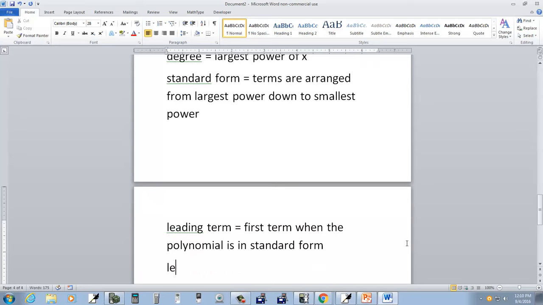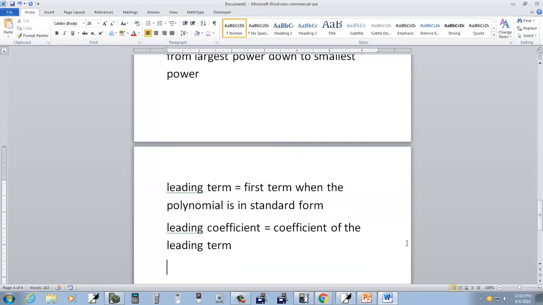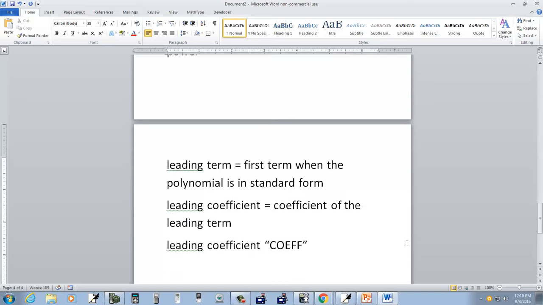And then we have something called leading coefficient, which is the coefficient of the leading term. I'm going to just refer to that as coefficient. And we have our degree. Remember, your degree is your largest power of x.